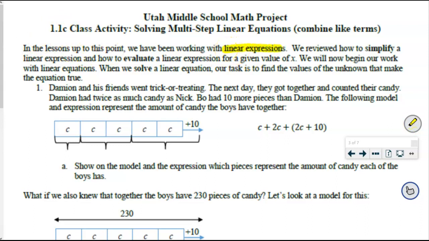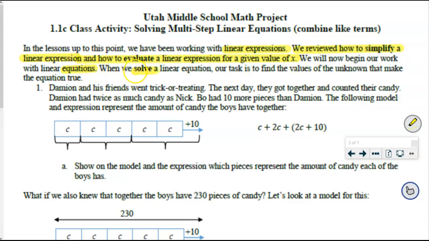That's partly true. I've done some other things with you, so you guys have also done some solving of equations. But we reviewed how to simplify a linear expression. That's combining like terms, doing the distributive property to get rid of parentheses, and how to evaluate a linear expression for the given value x when we substitute a value in for x and simplify. We will now begin our work with linear equations.